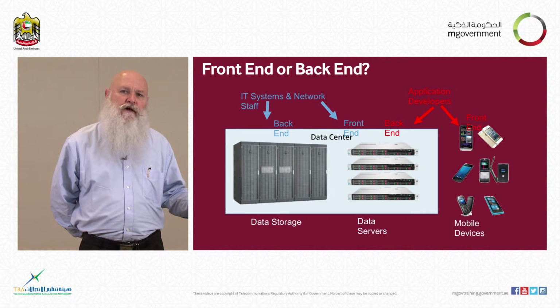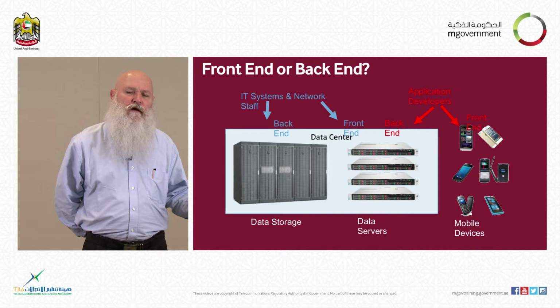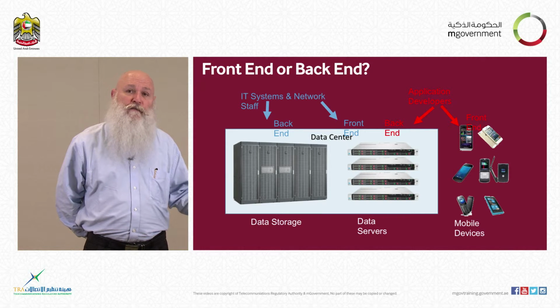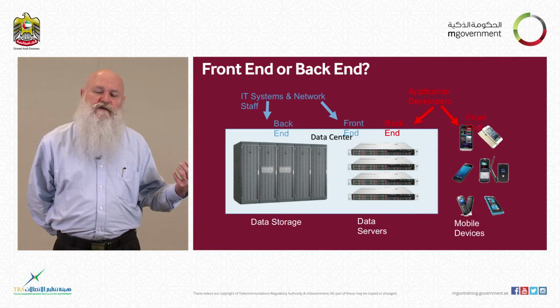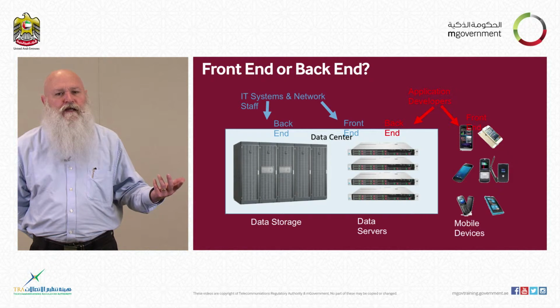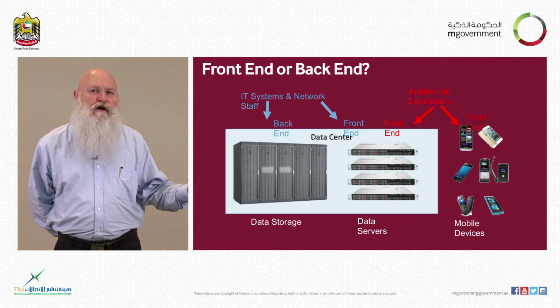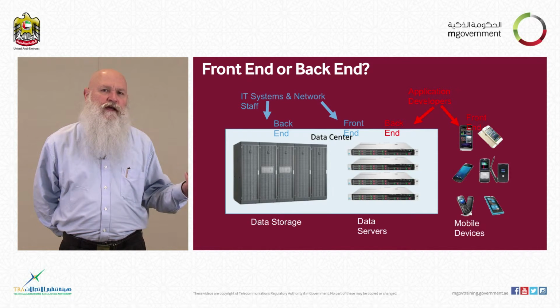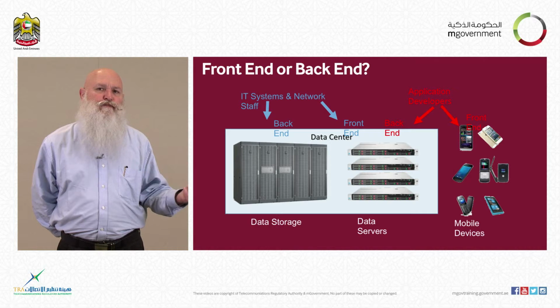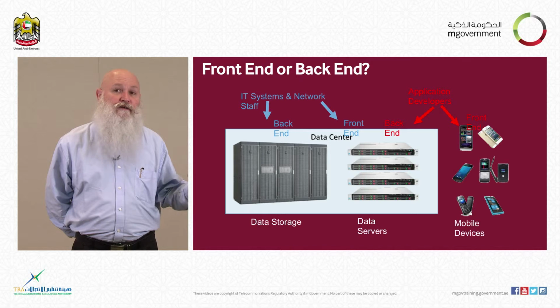But from the data center perspective, from the operator's perspective, or the web application developer, the front end is still in the data center itself, and the back end is further back, representing the compute and data storage. So what's important is that we use these terms clearly, and when application developers and systems and network people talk together and use the term front end and back end, they need to be explicit and mention the context so that we are all referring to the same component.